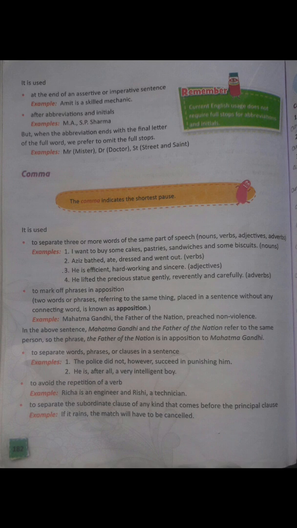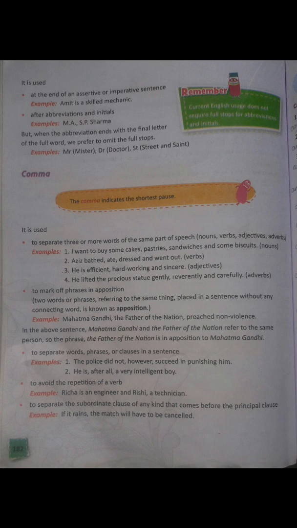To separate the subordinate clause of any kind that comes before the principal clause. Here in this example you can see the subordinate clause comes before the principal or the main clause. If it rains, the match will have to be cancelled. The match will have to be cancelled is the principal clause, and the subordinate clause here, if it rains, is in the first part.